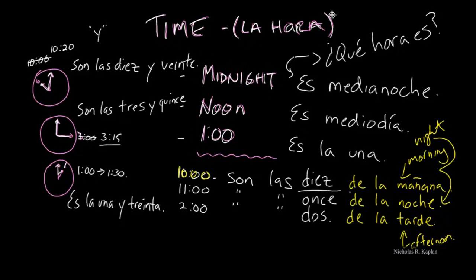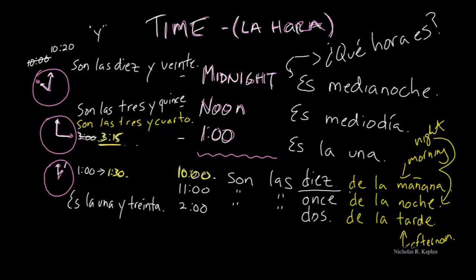1:30. Well, let's look at two of these more carefully. So we have 3:15 and 1:30. Well, what's another way to say 3:15? We can say a quarter, right? Like a quarter past 3. And that would be son las 3:15. So 3 and a quarter.